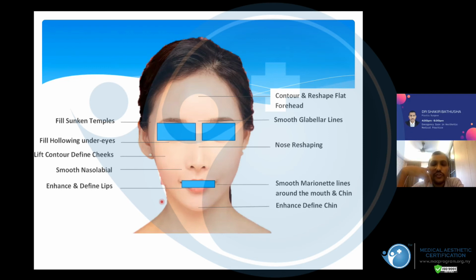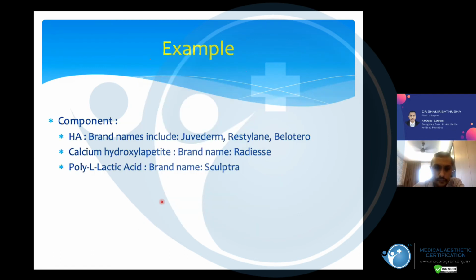You may want to soften or smooth the nasolabial groove, which sometimes becomes very deep. Also the marionette lines around the mouth and chin. Examples of brands: we have Juvederm, Restylane, Belotero. For hydroxyapatite, we have Radiesse, and Sculptra, which uses polylactic acid.